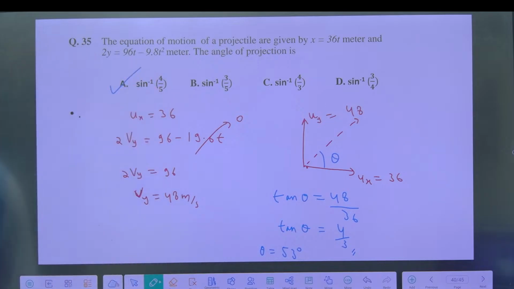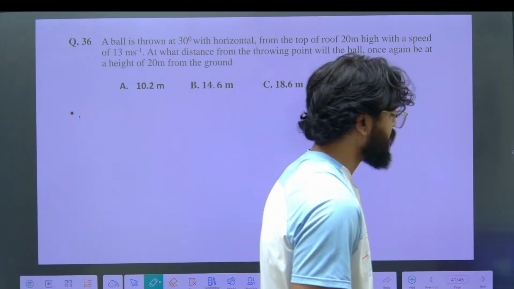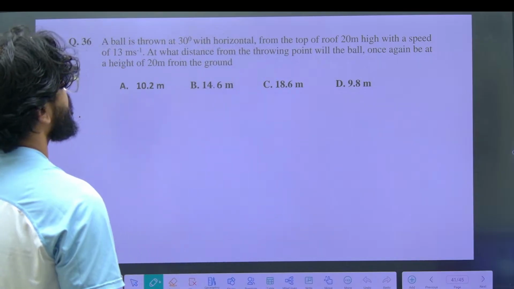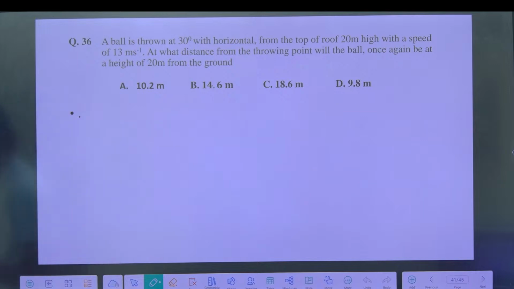Correct? Yes. So similar type of question we have also done, guys. Yes, correct. So I'm also giving you the answer for this.